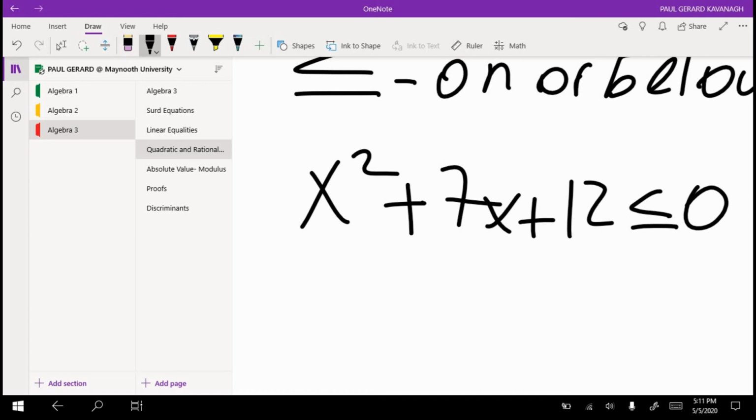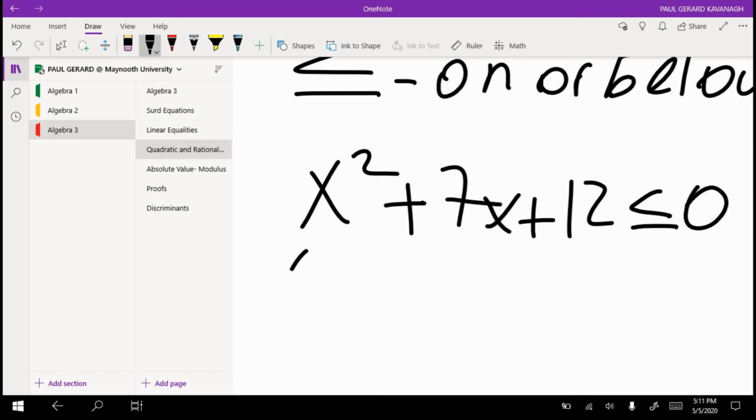The first thing you want to do is try to factorize. So look at the 12 here and see which two numbers that multiply to give 12 can add to give 7. 12 by 1, that's not going to do. 6 by 2, that's not going to do. 3 by 4, that will do.